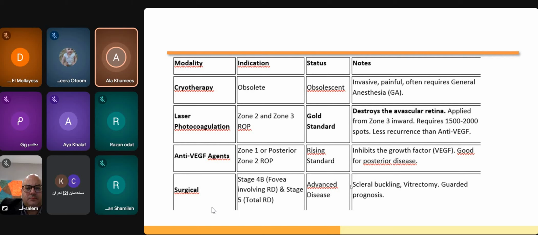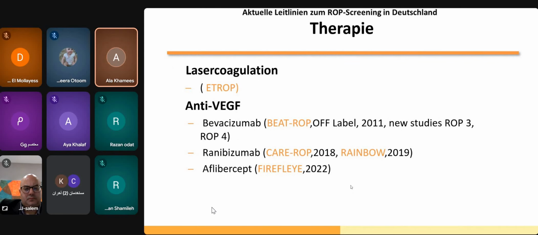Treatment modalities, we all know about the obsolete cryotherapy. Many consider laser photocoagulation as the gold standard therapy. Anti-VEGF agents are mainly the choice for zone 1 or posterior zone 2 ROP, and it's the rising standard of therapy. And surgical therapy for stage 4, mainly B, and stage 5 retinal detachment. The recommendations of therapy were given according to various studies.